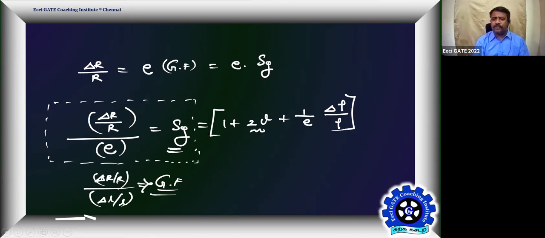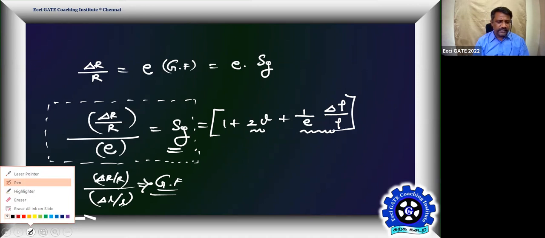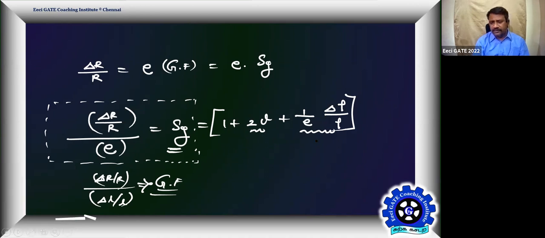This is 2 times your Poisson's ratio, and this effect, very technically in metals, 1 by strain into unit change in resistivity, that's what we call the piezoresistive effect. So 1 plus 2 times Poisson's ratio plus the piezoresistive effect makes your gauge factor SG or G.F.